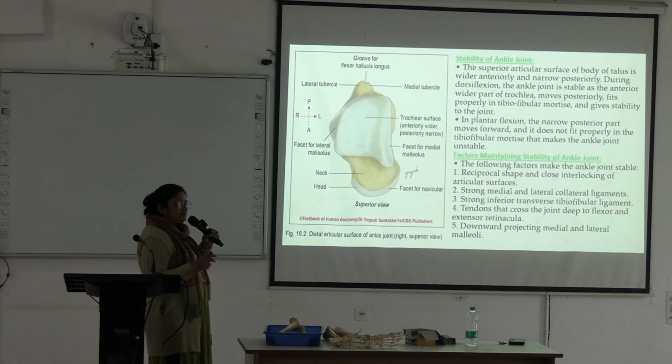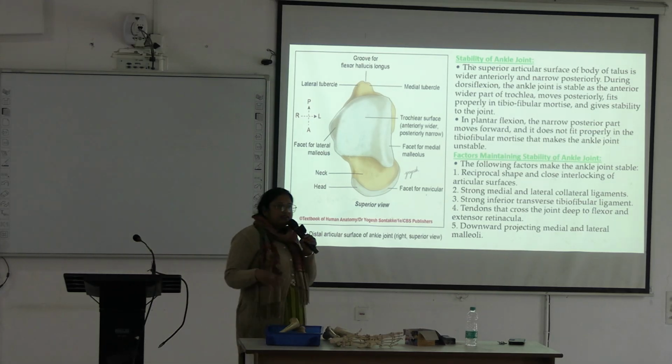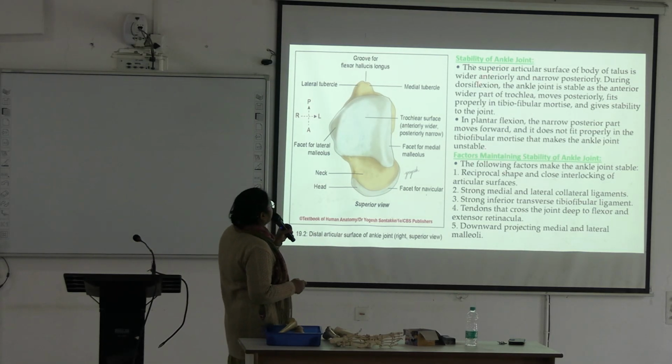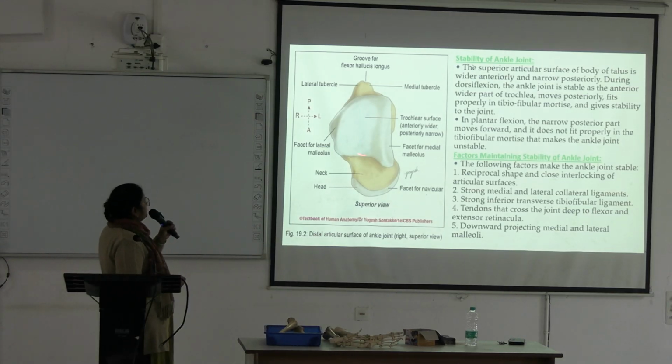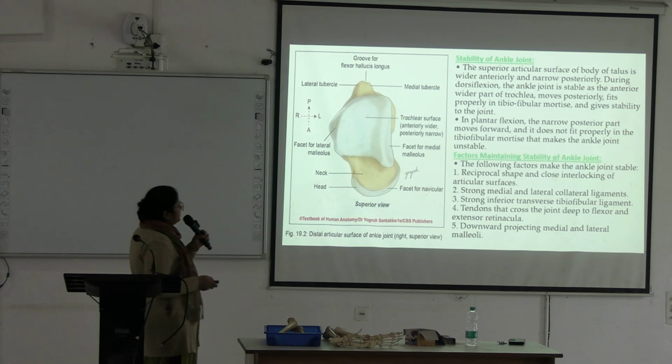Next, stability of this joint is important for standing up and locomotion. So the superior articular surface of body of talus, see this one is superior articular surface of body of talus. This is also known as trochlear surface. Trochlear means this is pulley like, okay.